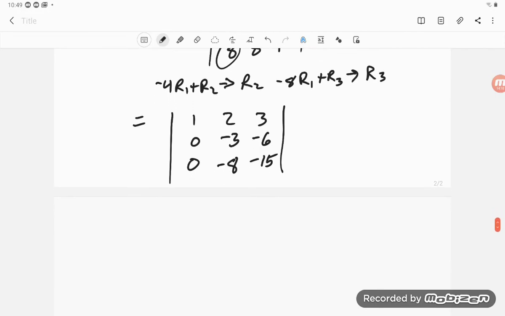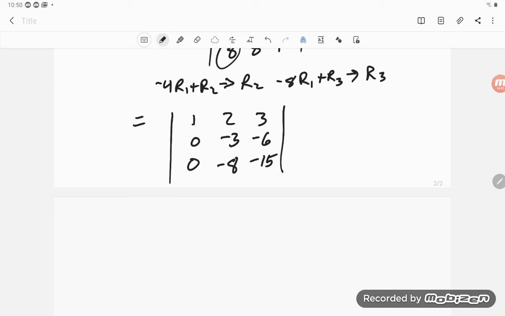Now they then reduce things to a 2 by 2 matrix because of this 1 times the -3, -6, and so forth. Yes, we can do that. They've got zeros in the first column, so we know that those cofactors or minors are going to be 0 for all of those.